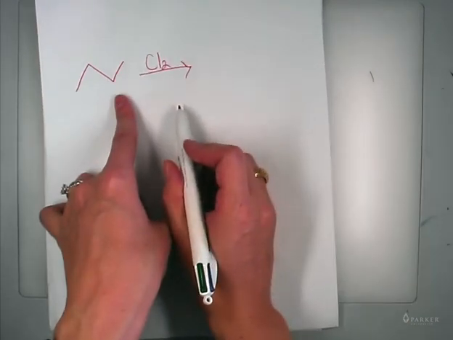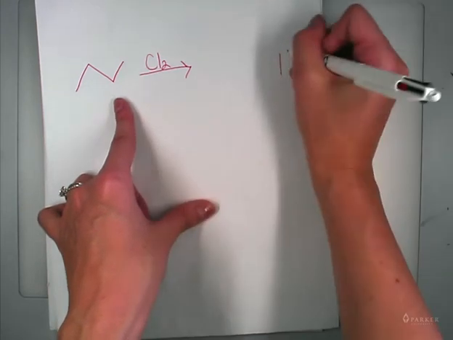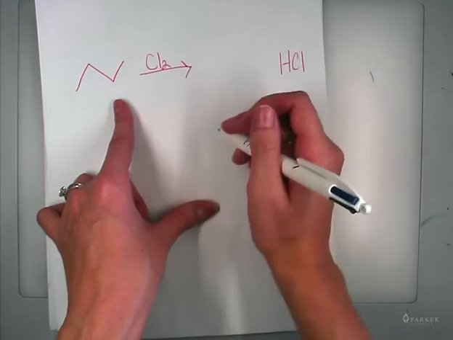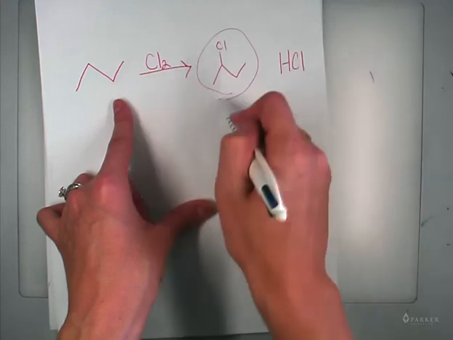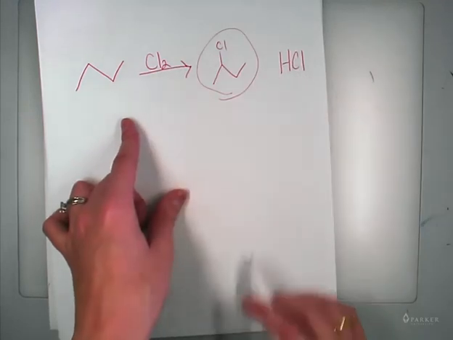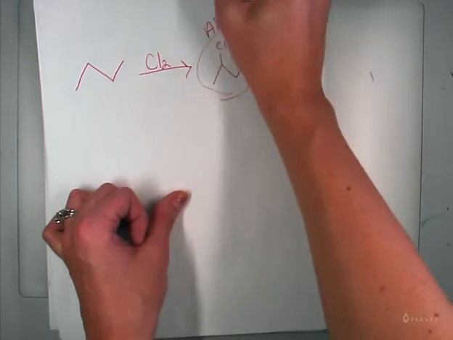What all did we create here? Which acid did we make? HCl. And then what did we put on this carbon group? A chlorine. So do you see that we made an alkyl halide? All your radical reactions we did, one of the products was always an alkyl halide.